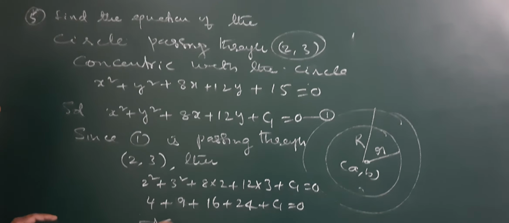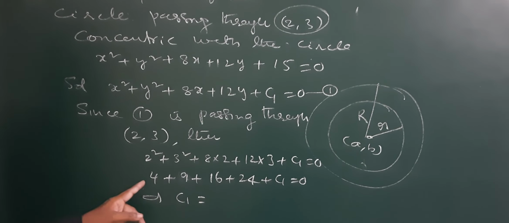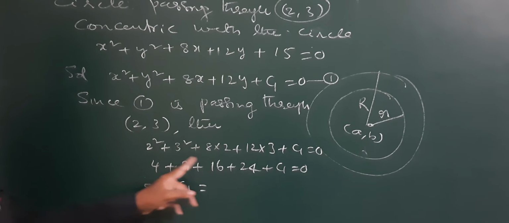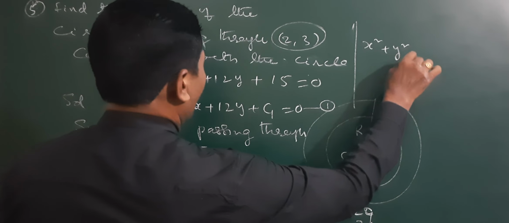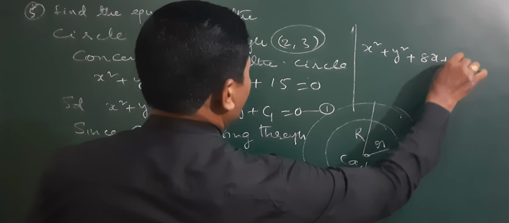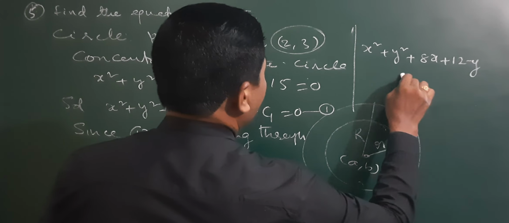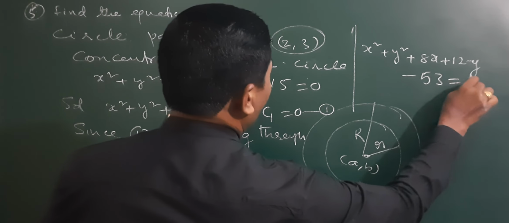Therefore, c1 is equal to minus 53. So therefore, our equation of the concentric circle is x square plus y square plus 8x plus 12y minus 53 is equal to 0.